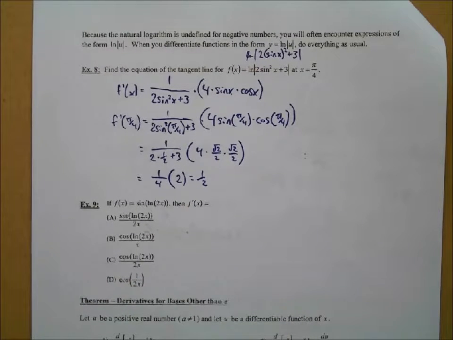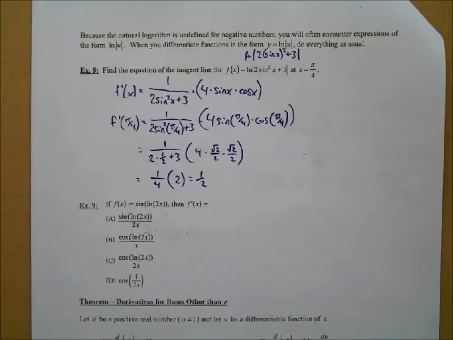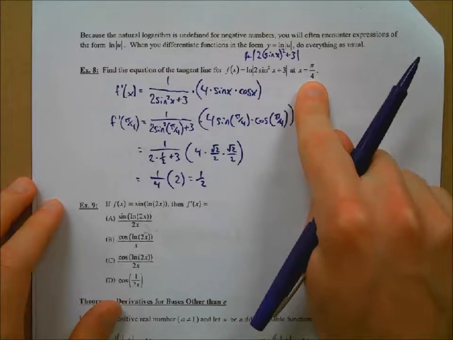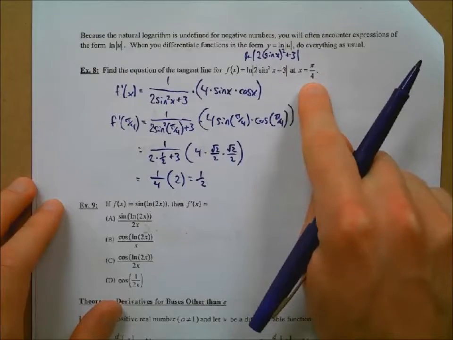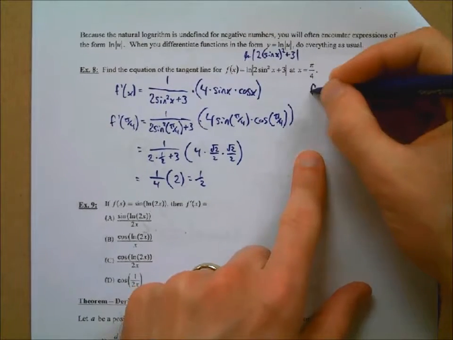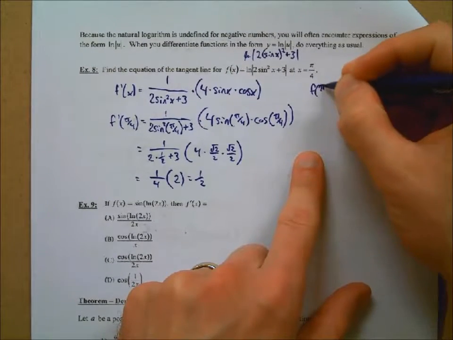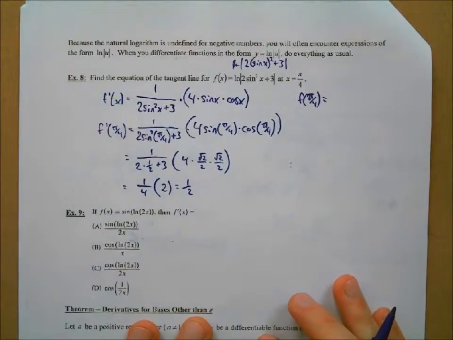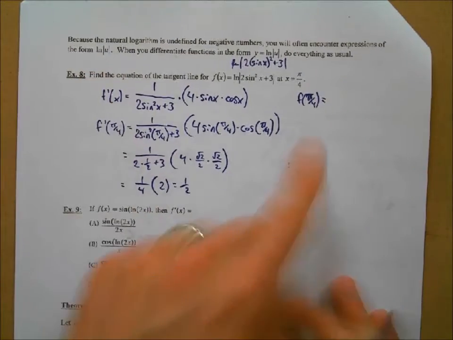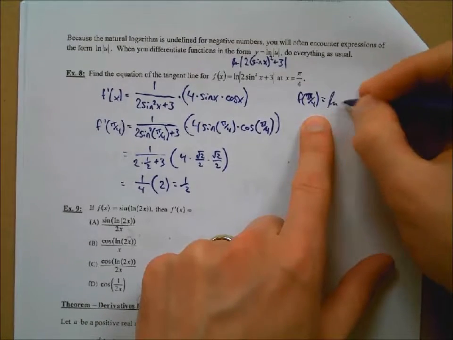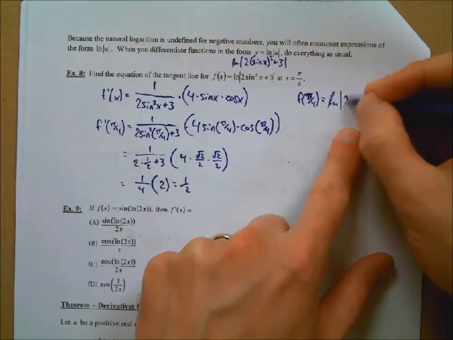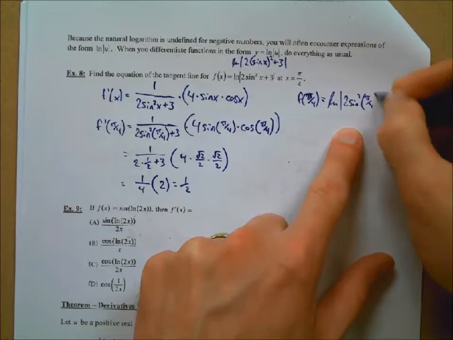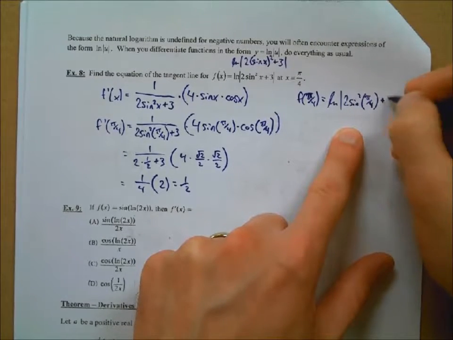What else do we still have to do? We have to find the y-coordinate for our point here. We've got the x-coordinate, pi over 4. We're going to plug it in. So f of pi over 4, to find that matching y-coordinate. Yeah, we did the derivative, now we've got to find the y-coordinate. So natural log of the absolute value of 2 times the sine squared of pi over 4 plus 3.